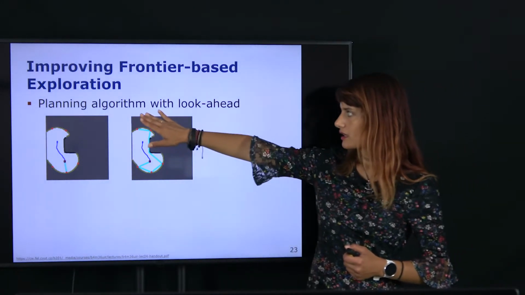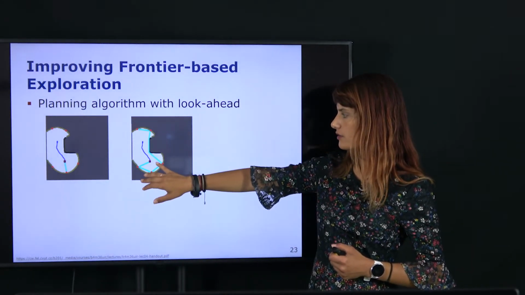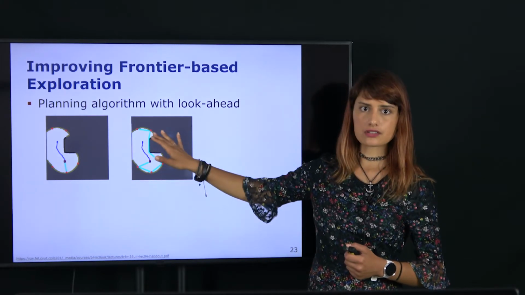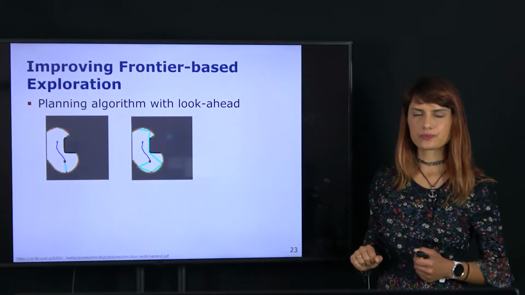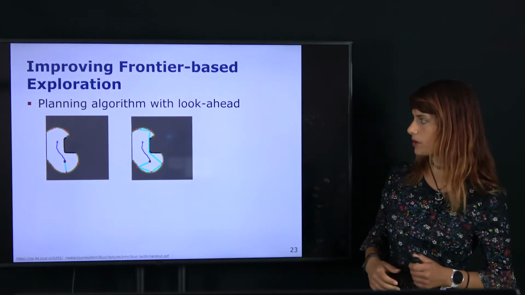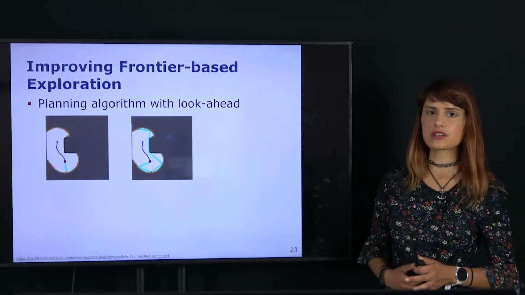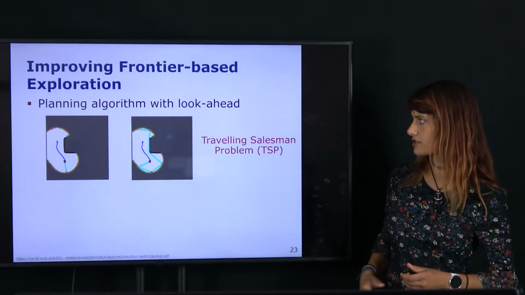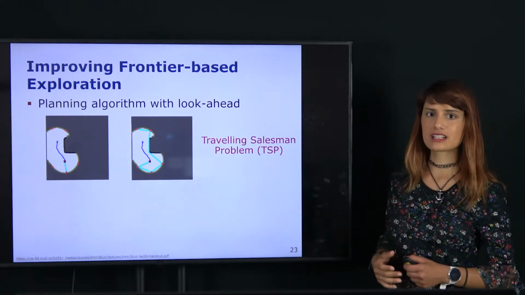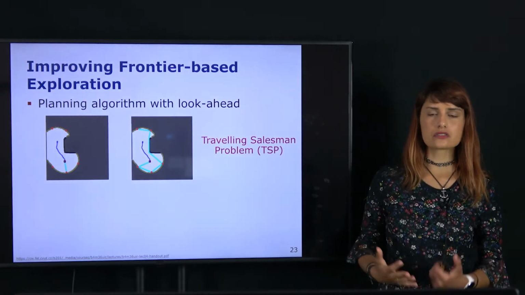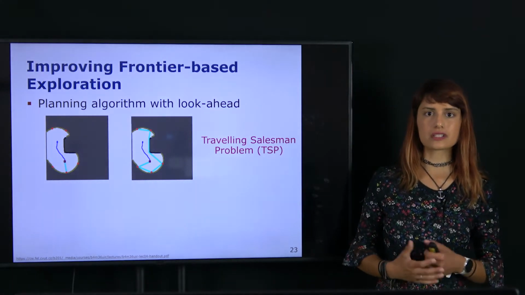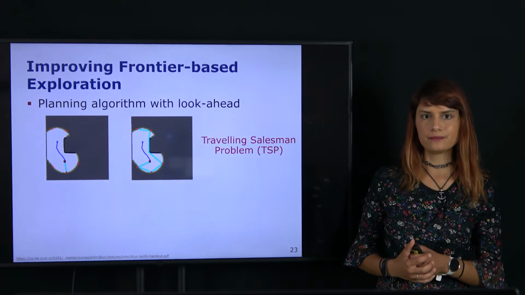So designing a planning algorithm like this involves reasoning over a sequence of actions in a non-myopic way. In computer science, this problem of combinatorially optimizing several possible waypoints or locations is sometimes known as the traveling salesman problem, and this is a term that's sometimes used in literature when discussing informative planning.